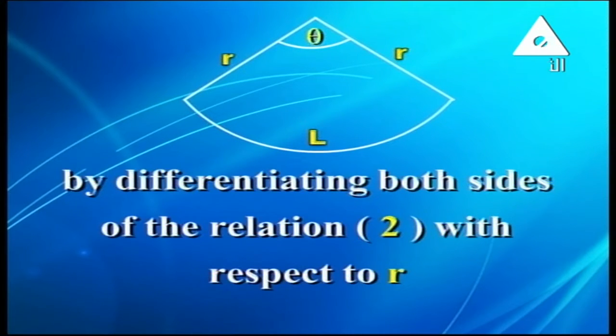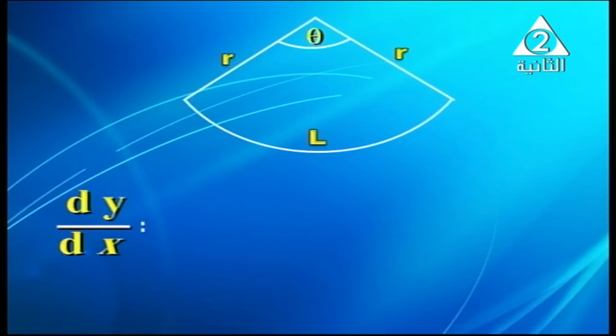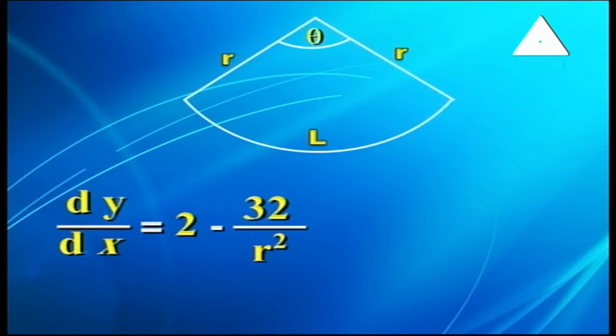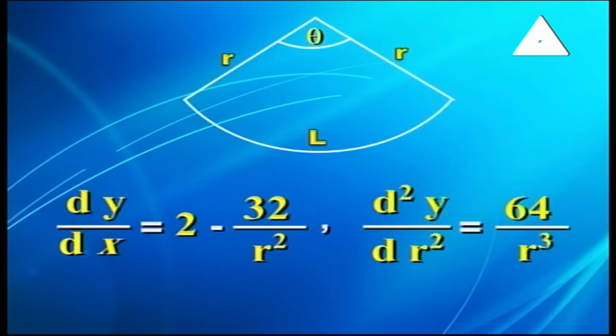By differentiating both sides of this relation with respect to r, db over dr equals negative 32 over r squared. My dear student, the second derivative equals 64 over r power 3.